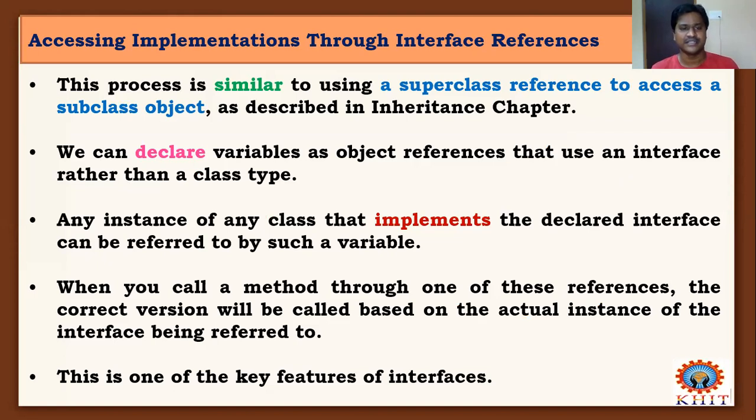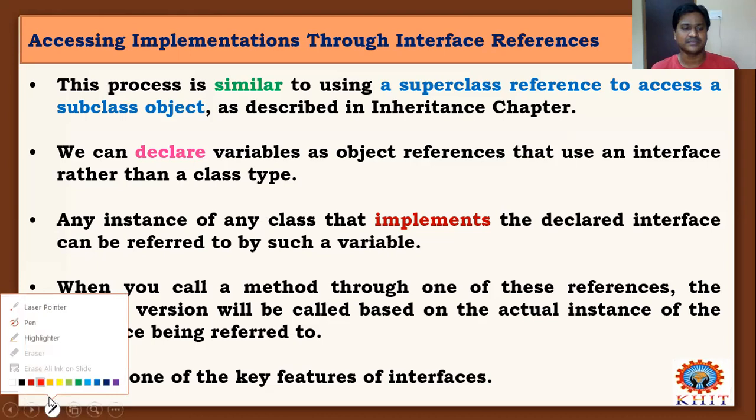The same way here, we declare variables as object references that use an interface rather than the class type. It means it acts as an interface to whatever it is referring to right now, and not much importance is given to the class type.